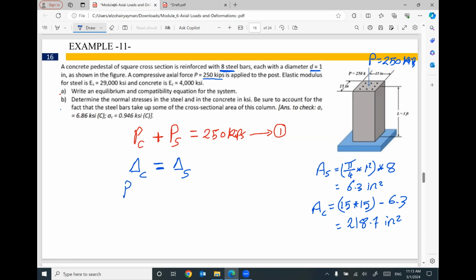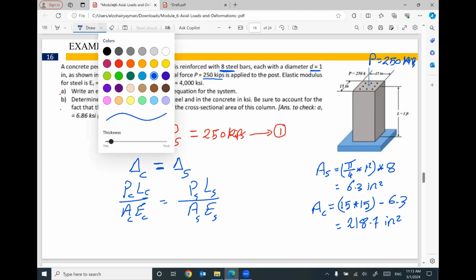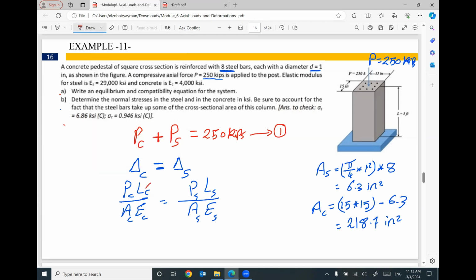So the PL over AE of concrete must equal the PL over AE in steel. Keep in mind, the length of the concrete equals 3 feet. The length of steel also equals 3 feet. Both of them are the same length, so they cancel each other.